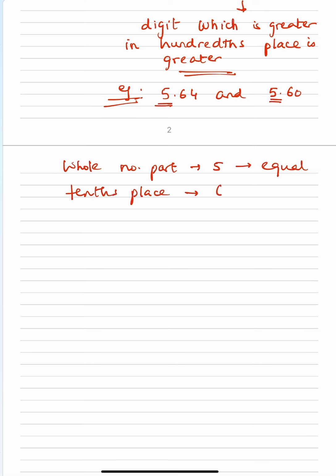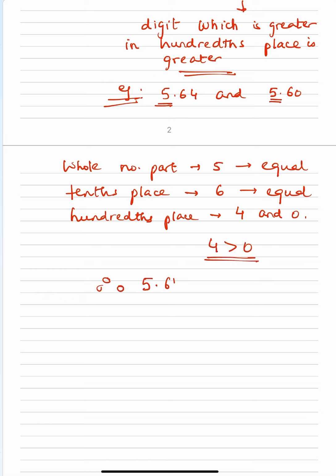Here it is 6, which is equal. Both the numbers have 6 in the 10th place. Now let us compare the hundredths place, where one is 4 and the other is 0. So we will say 4 is greater than 0. Therefore, 5.64 is greater than 5.60. This way you will compare the decimal numbers.